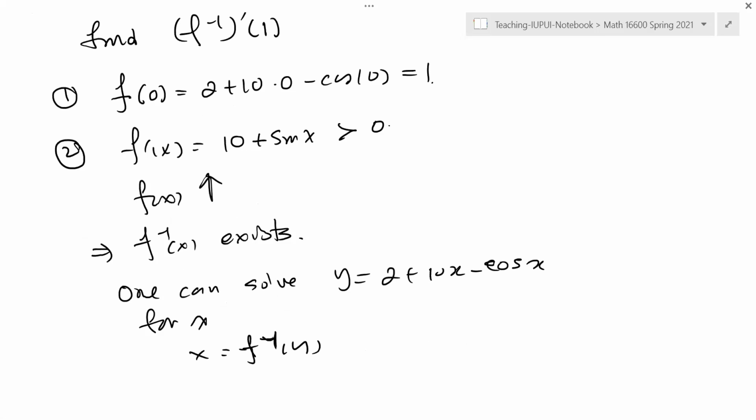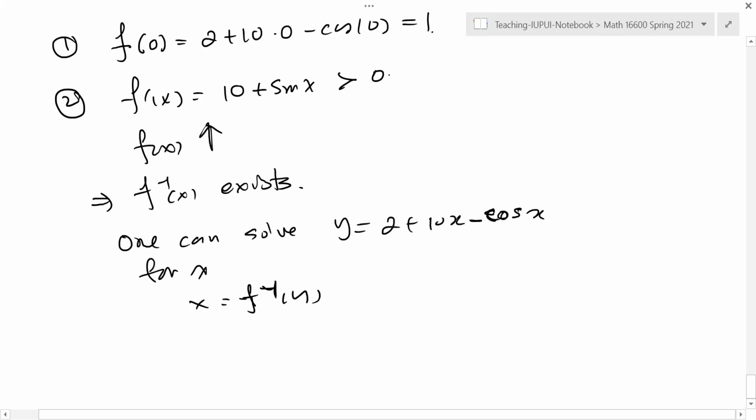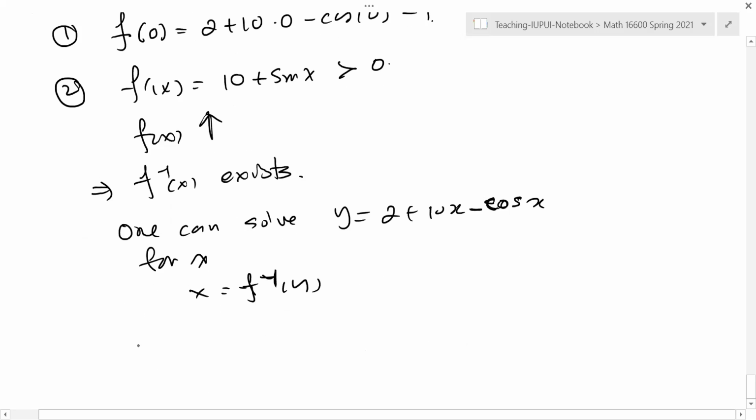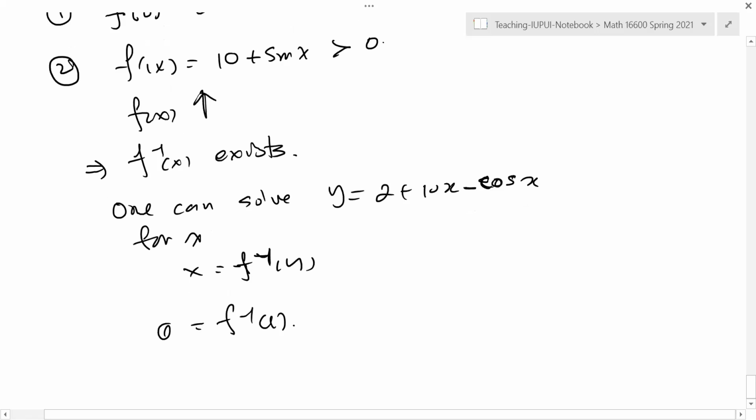No. Nobody can solve it. But I know for the given value of y, I can get the unique value of x because it's an increasing function. We also know, at least I know by the first one, f of 0 equals 1. So the inverse value of 1 is going to be 0. That I know.